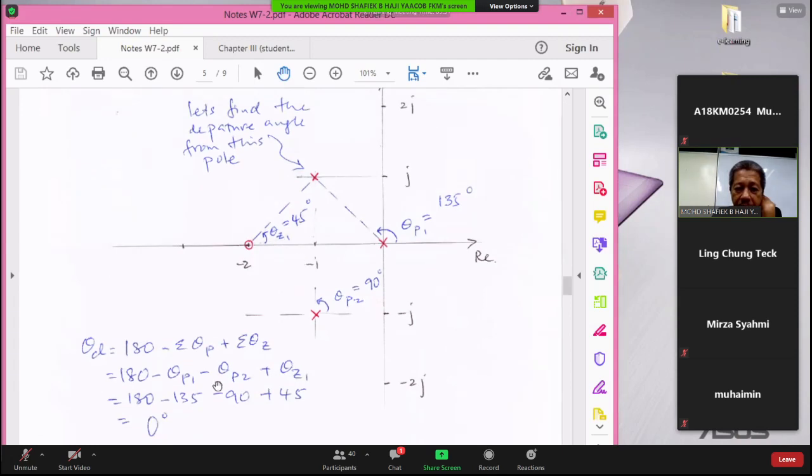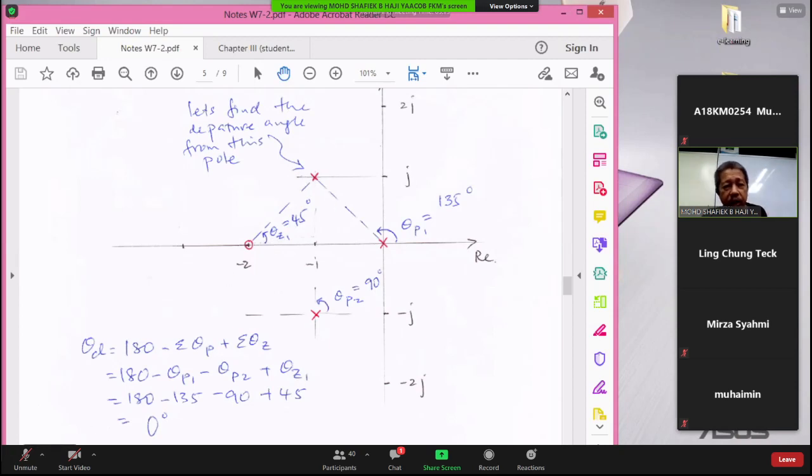Substituting that into the expression, the departure angle happens to be 0 degrees, meaning our locus will leave the complex pole horizontally, exactly to the right.